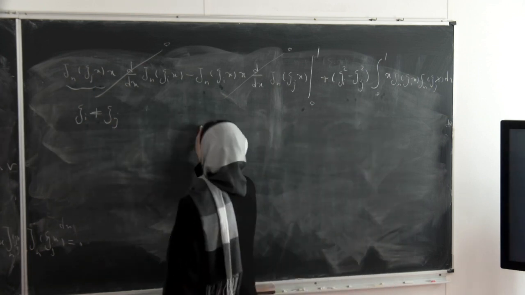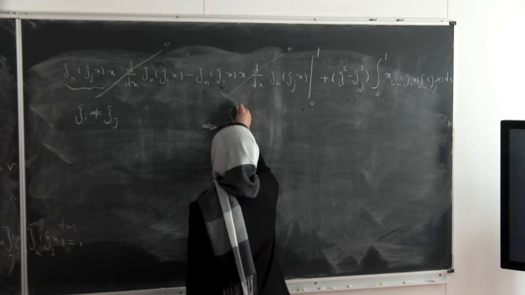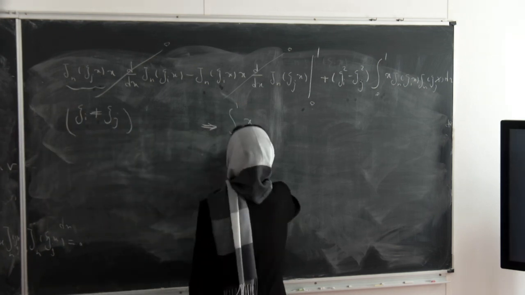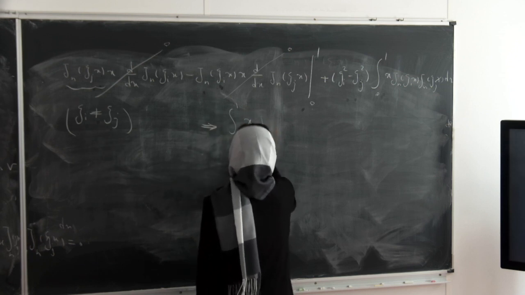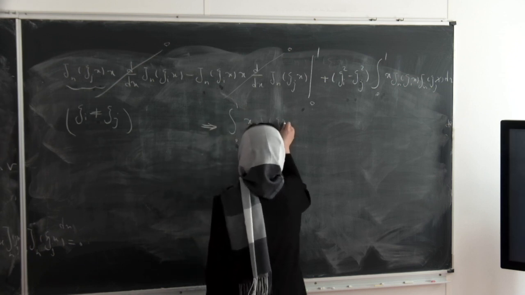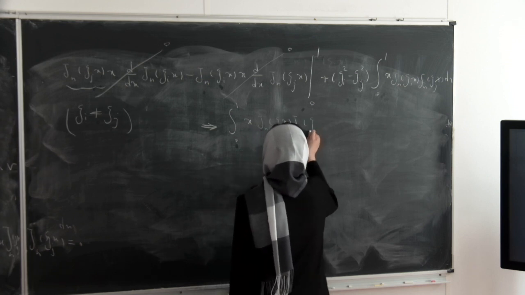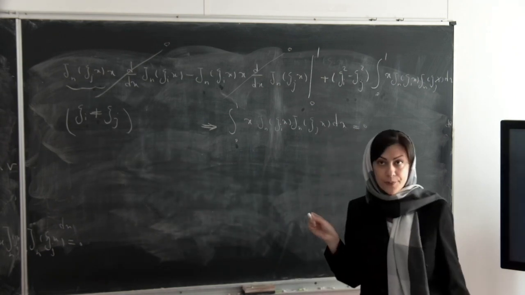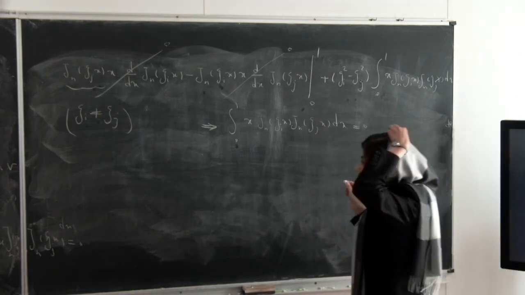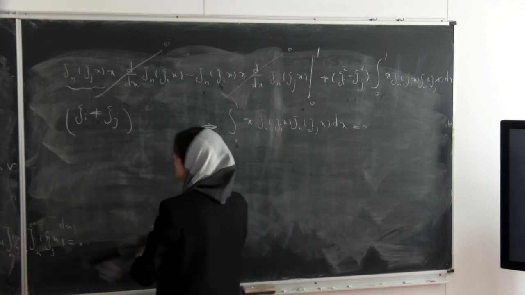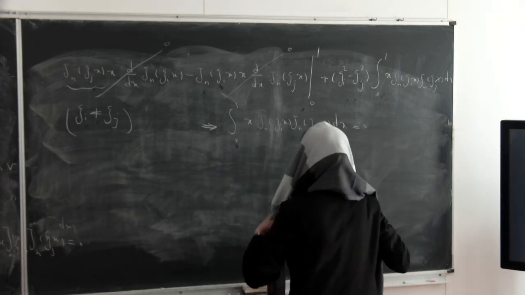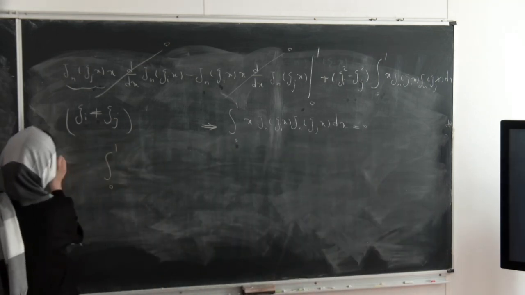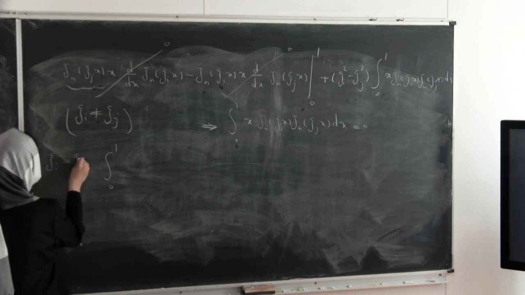So we have this integral, integral 0 to 1 of x Jn(xi x) Jn(xj x) dx equals 0 for xi opposite to xj.